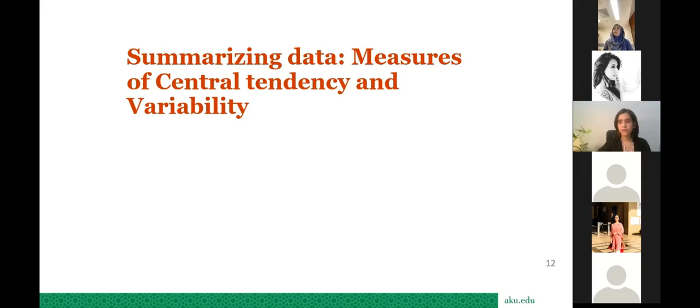Okay, so summarizing the data. When we spoke about the organization of data, first we need to understand whether our data is qualitative or quantitative, whether it is nominal or ordinal, and if it's quantitative, whether it's interval scale or ratio scale, and then further whether it's discrete or continuous. So first you need to be sure about all these things.